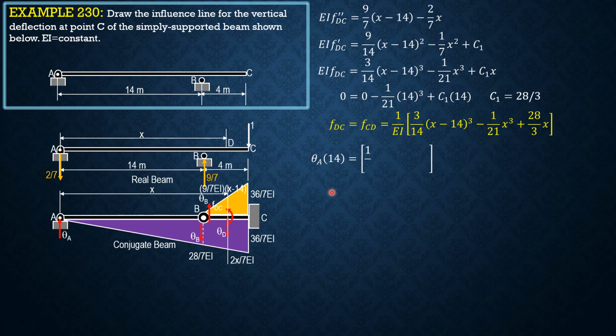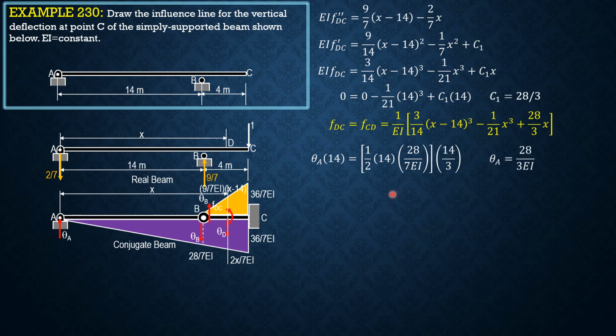So theta A times 14 equals 1/2 of 14 times 28 over 7 EI times moment arm 14 over 3. So theta A is equal to 28 over 3 EI.